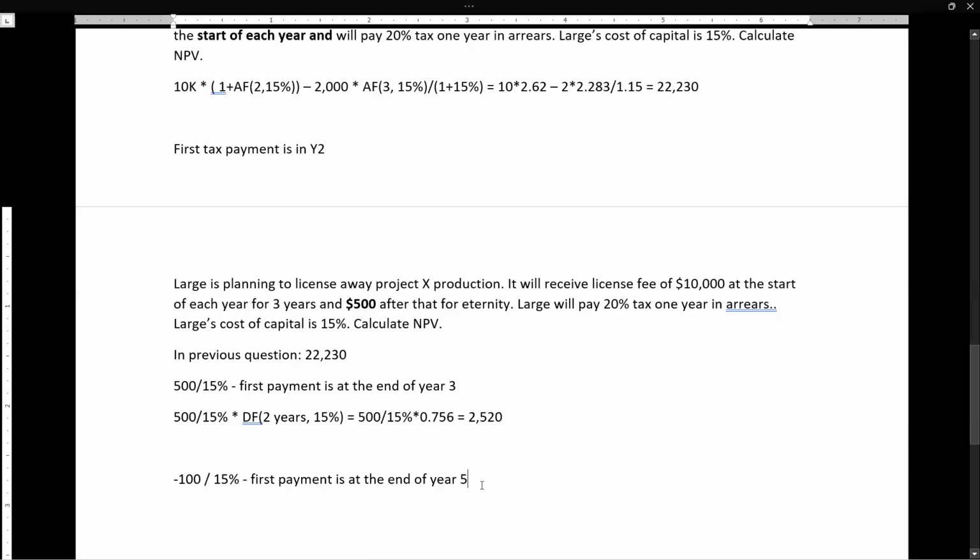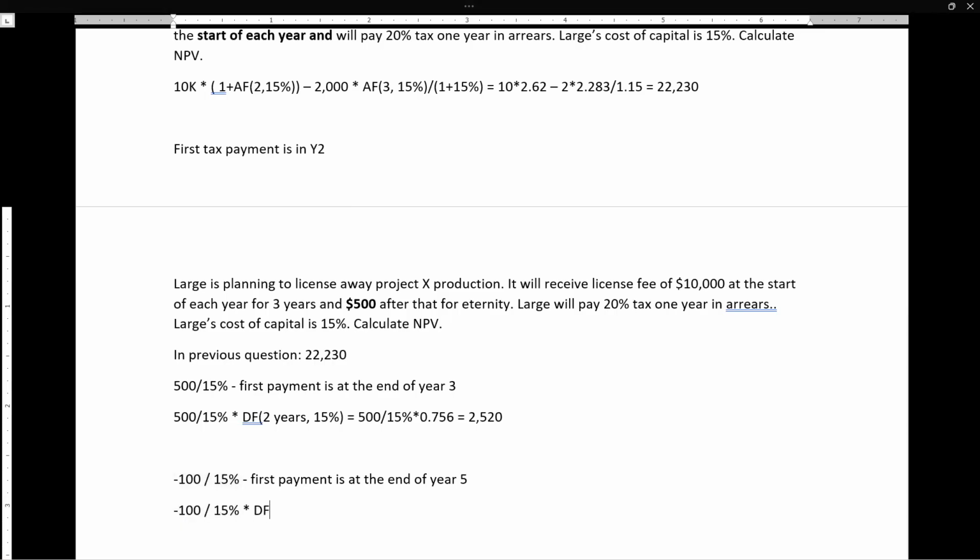Well, that is because the license fee of 10,000 is going to be expensed in P&L in years 1, 2, 3. So this means that the first P&L effect of 500 will happen in year 4. And as tax is paid 1 year in arrears, it will be paid at the end of year 5. So this means that we will need to multiply it by discount factor of the previous year.